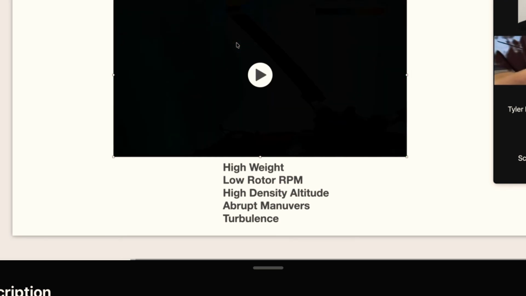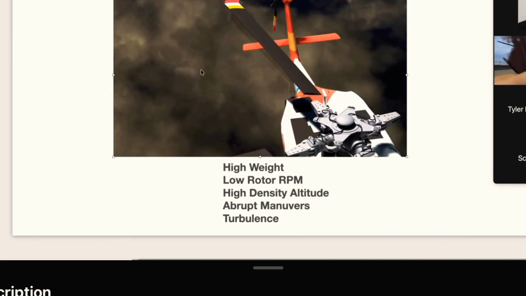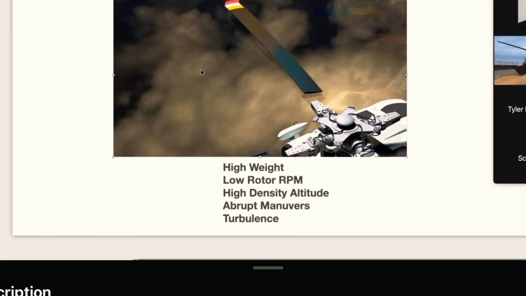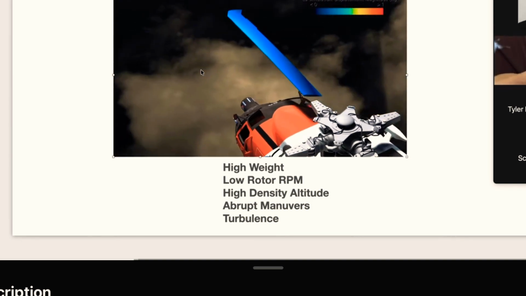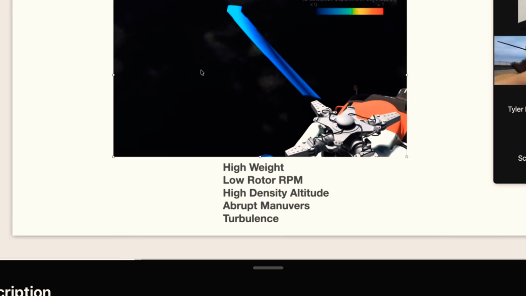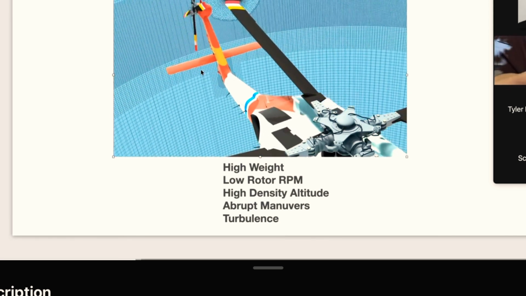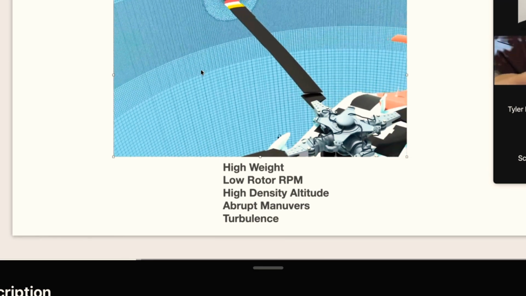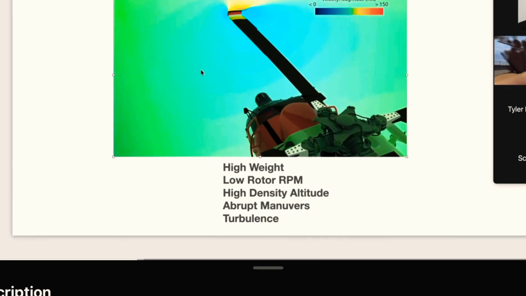So what are some of the factors that will cause that retreating blade to stall? A high gross weight will do it. A high gross weight requires more total lift, meaning the retreating blade starts at a higher baseline AOA. Low rotor RPM: slower rotation means the retreating blade has even less relative wind, requiring more pitch up to compensate for that.